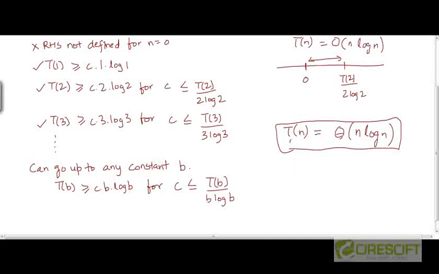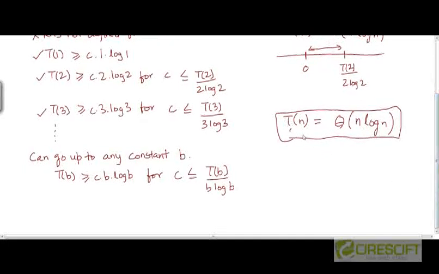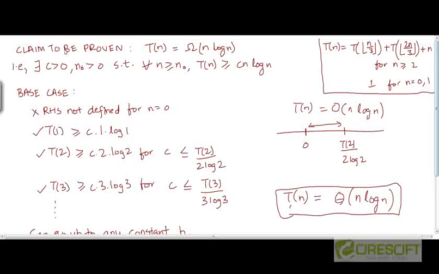And note that in the process of trying to prove this claim, we also ended up computing valid ranges for the values of C. So we ended up narrowing down a particular range for the values of C, and we also ended up computing what n naught should be.